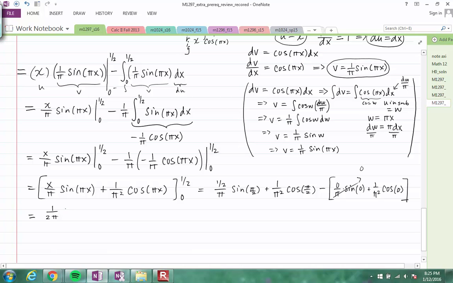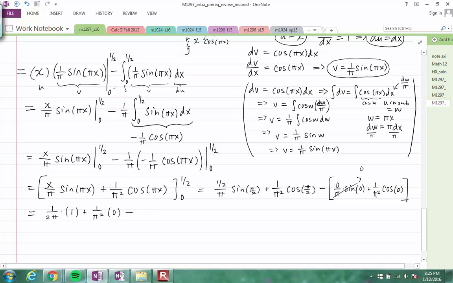So sine of pi over 2, using the unit circle or whatever process you need to, the sine of pi over 2 is going to be 1. And then we have our next term, 1 over pi squared. Cosine of pi over 2 is 0.